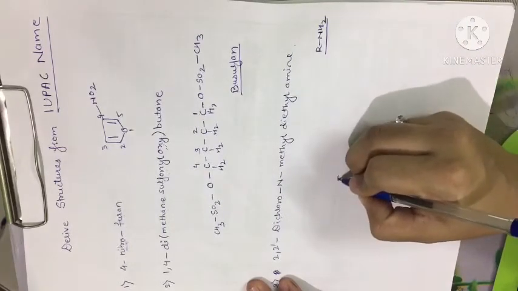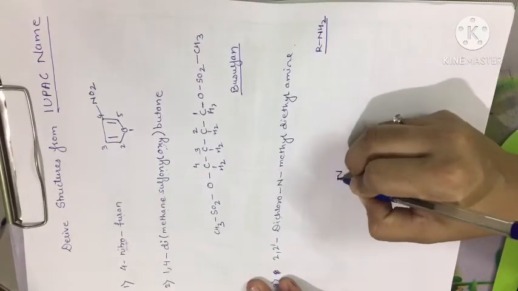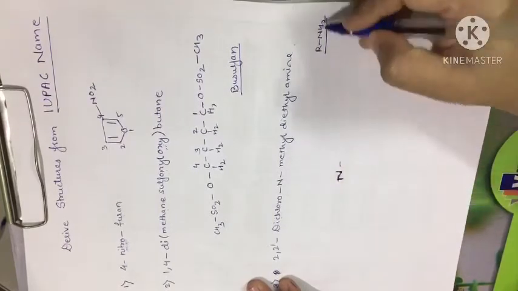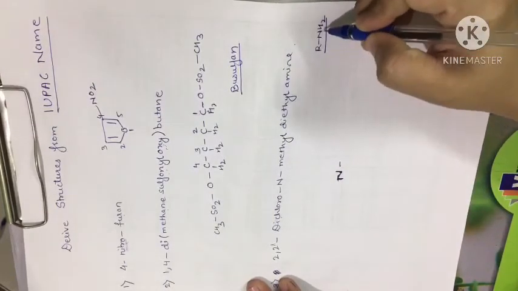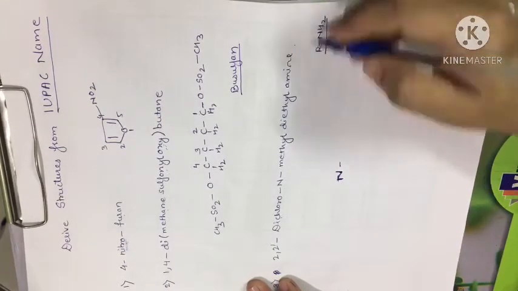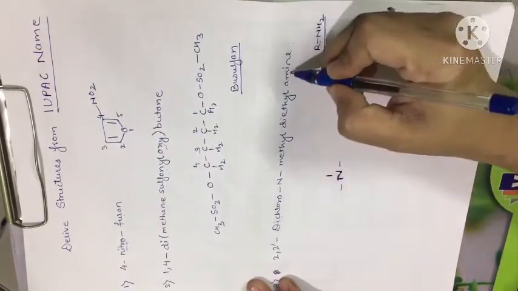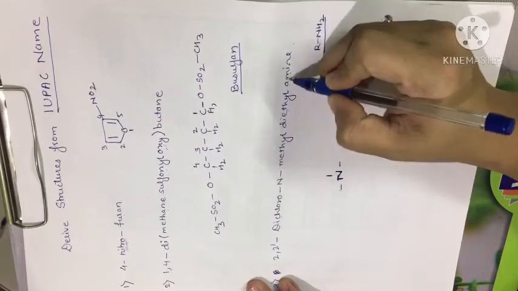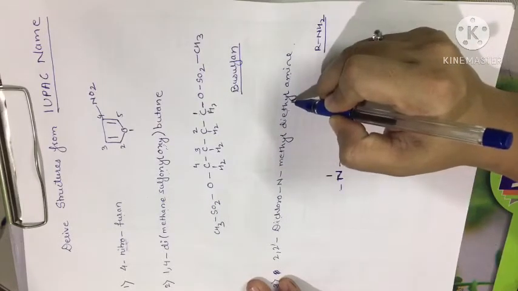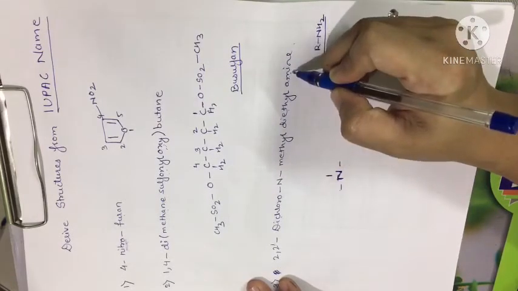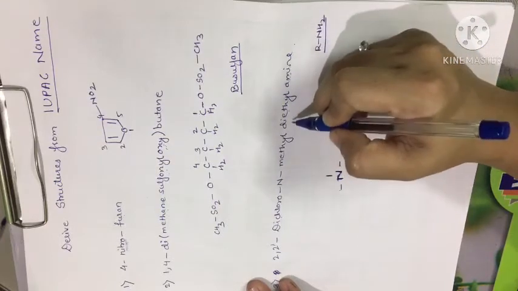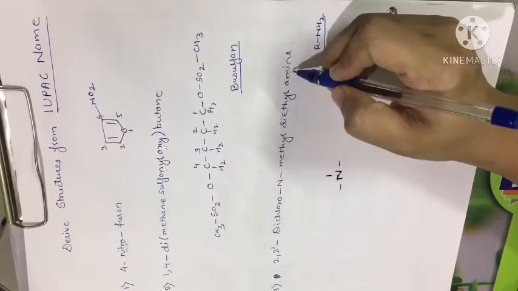Let us consider this as amine N, and it is bonded to another nitrogen, having 3 bonds. So I will write down here 3 bonds, and there is a diethyl group attached to the amine. So that means diethyl, two ethyl groups are attached to the amine.